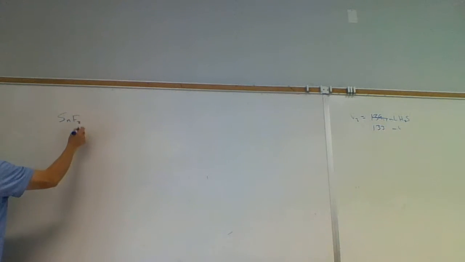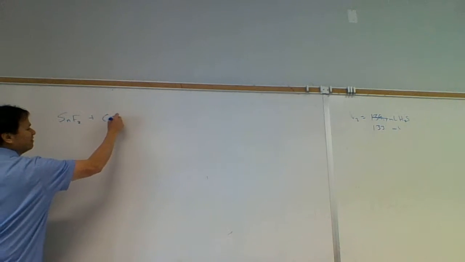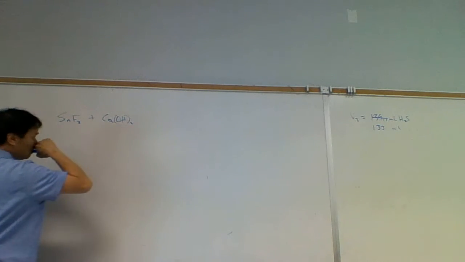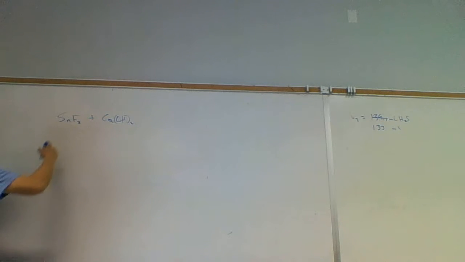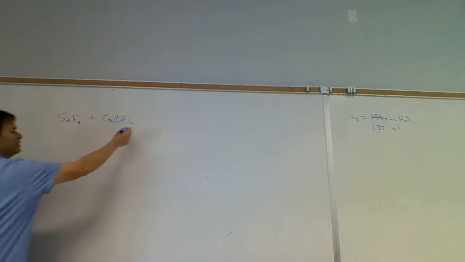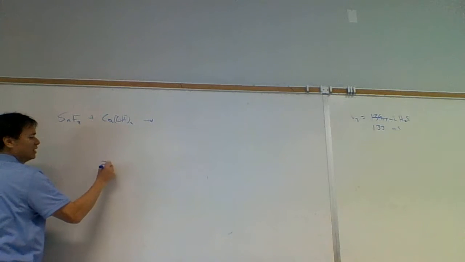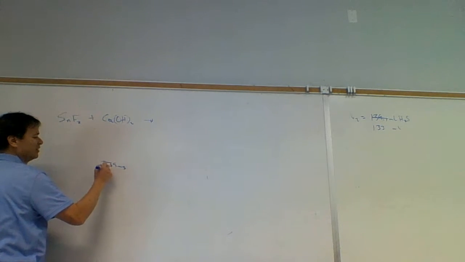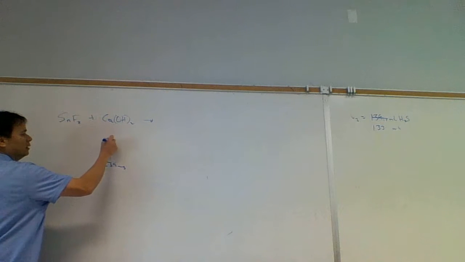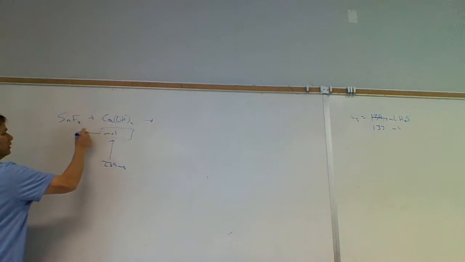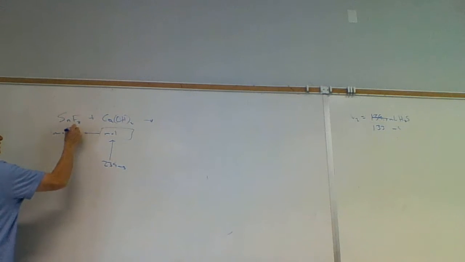So we got to pick one or the other. It's a 1-to-1 mole ratio. And so over here we have 239 milligrams. And so we go to moles here, and then from moles we go to moles here.